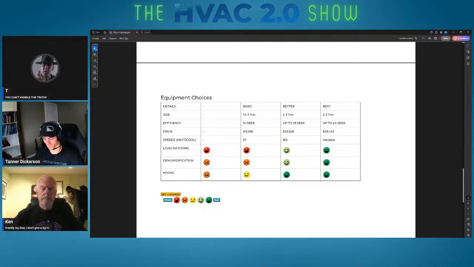Some things may change between now and the time that you're ready to make this decision, because you're going to be talking to other people, and you may decide to modify your ideal equipment specification. The other thing that'll happen is some people may be unable or unwilling to bid to this specification.